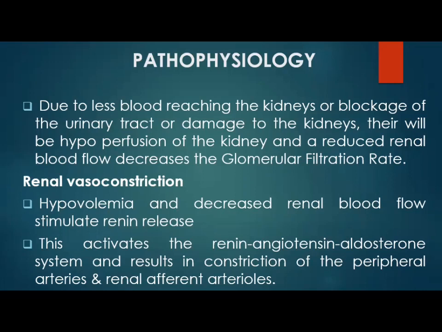This activates the renin-angiotensin aldosterone system and results in constriction of the peripheral arteries and the renal afferent arteries. This simply means that when this system is activated, there will be constriction of the blood vessels in the kidneys.